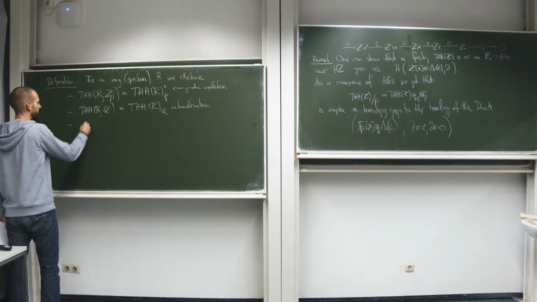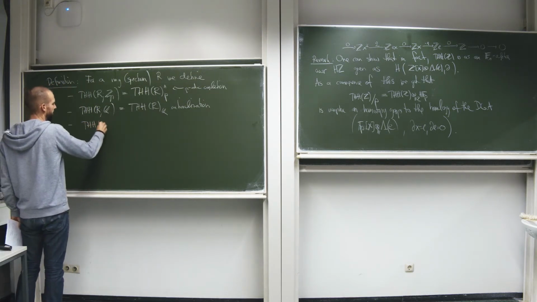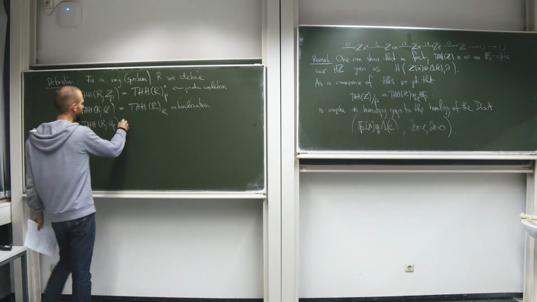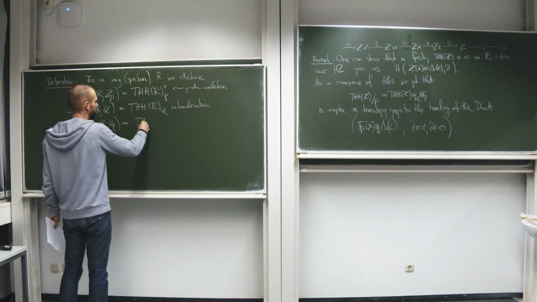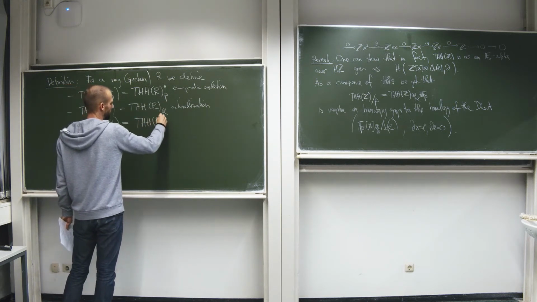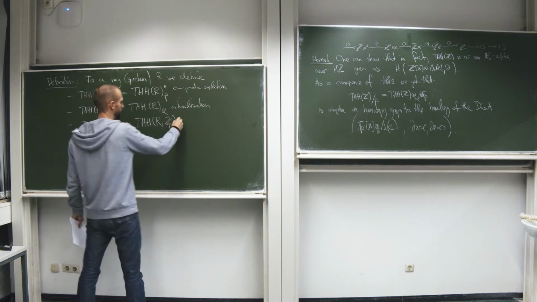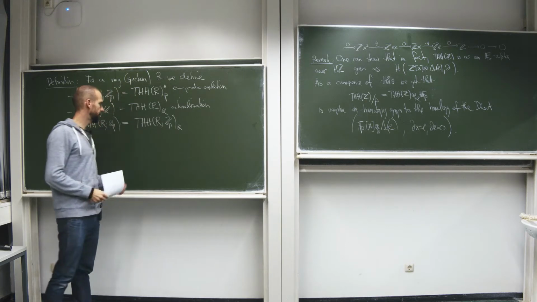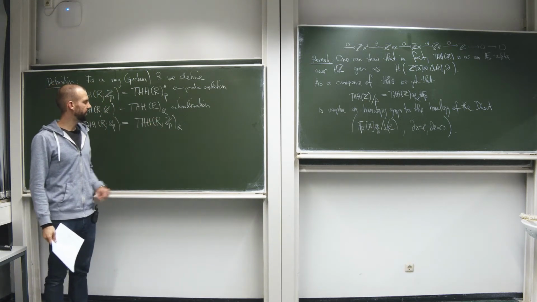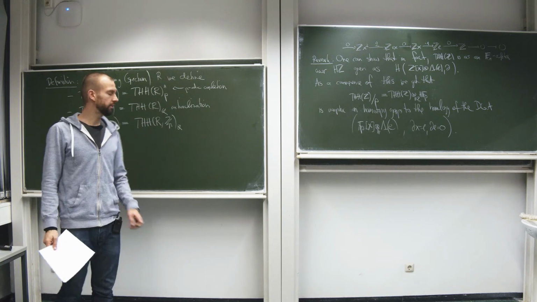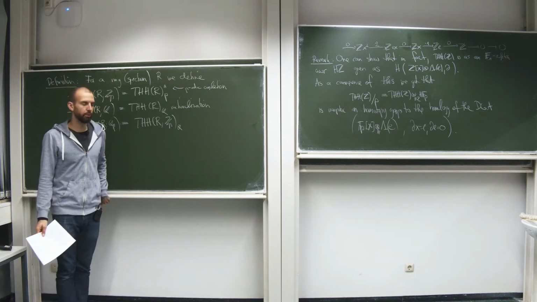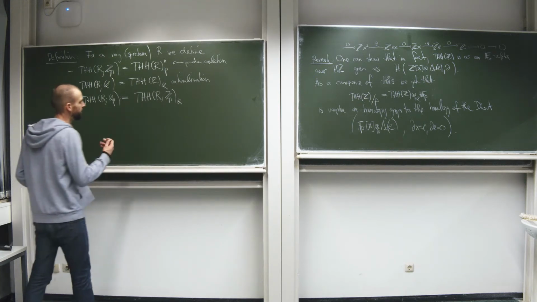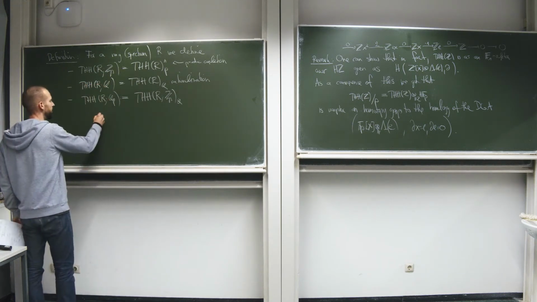And finally, there's also a thing showing up in the fracture square, which I denote THH of R with Qp coefficients, by which I just mean take the p-completion, and then you rationalize this. And of course, in the p-completion already all primes except p are invertible, so this is the same as just inverting the single fixed prime p. Okay, and the reason to introduce this terminology is that now we have a square.